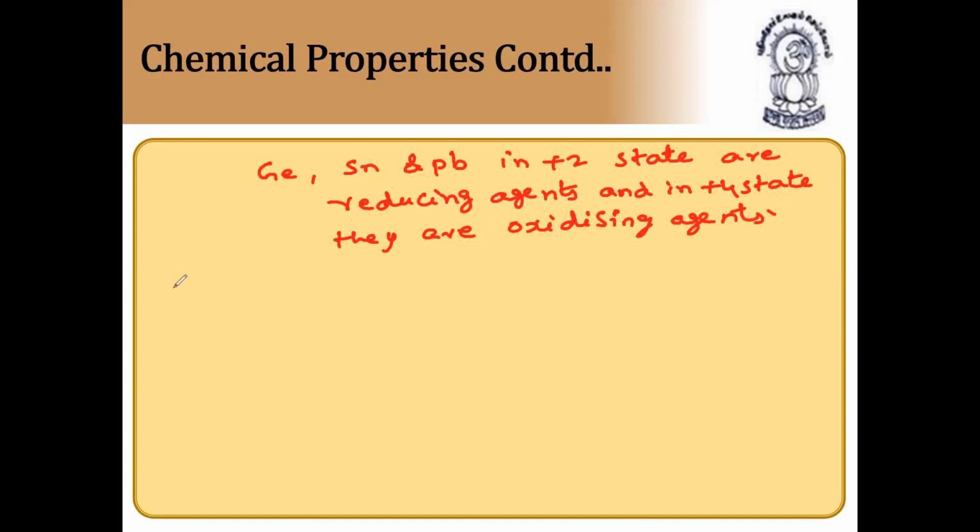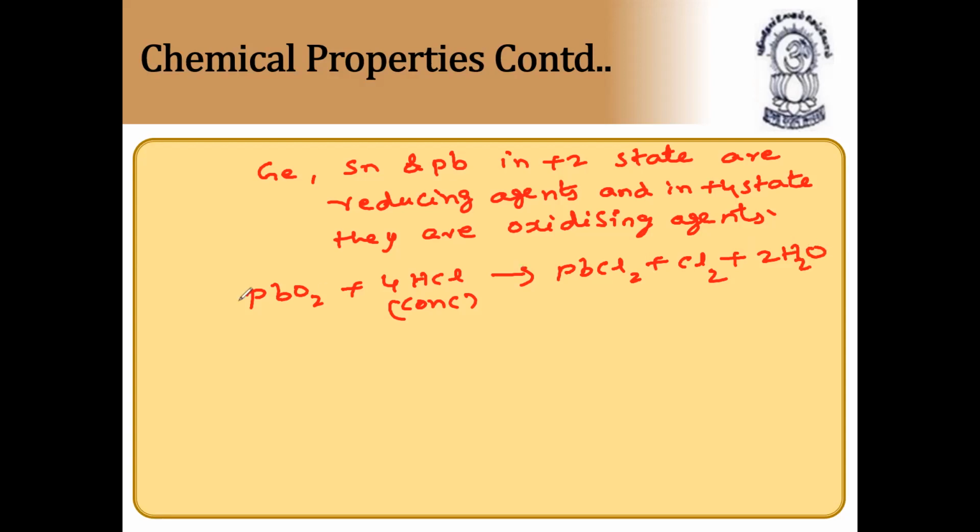So the example you can see here: PbO2 plus 4 moles of concentrated HCl changes to PbCl2 plus Cl2 plus 2H2O.